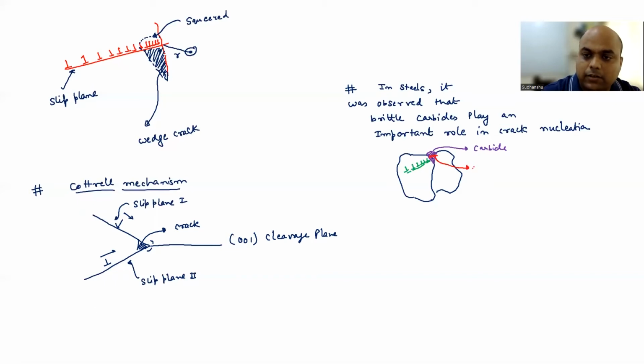And you are going to form a microcrack in the carbide. Now, once you have formed it, this can now grow.